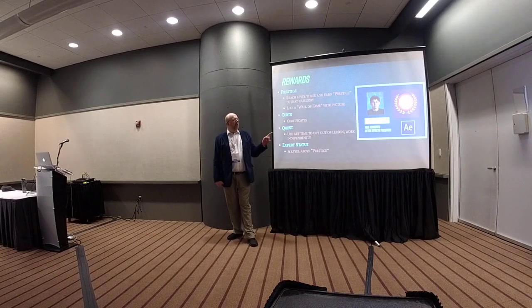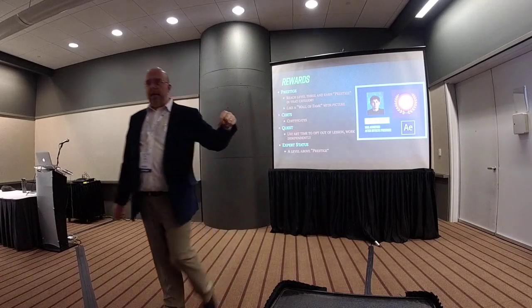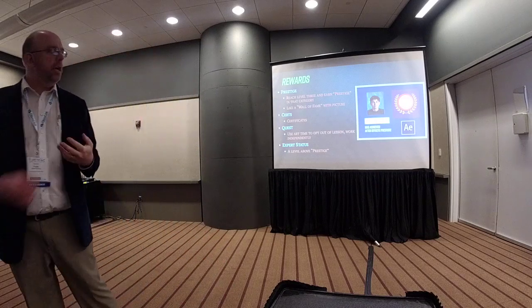You should see what this student does. This is him in the beginning of 10th grade, okay? He's now a junior. He's at the end of the second half of his junior year.